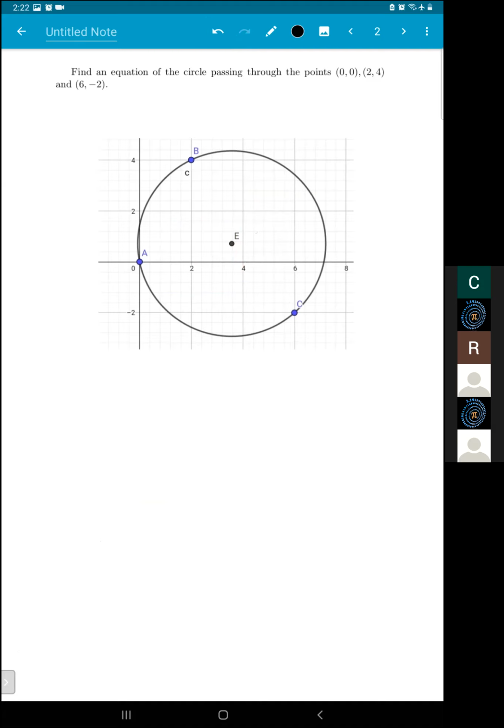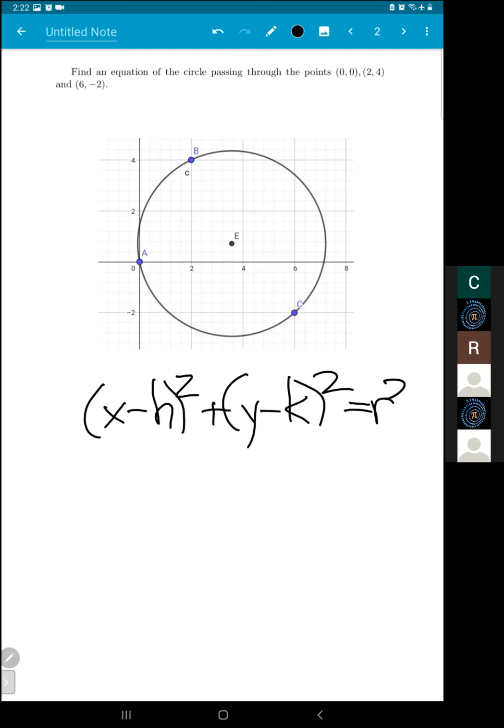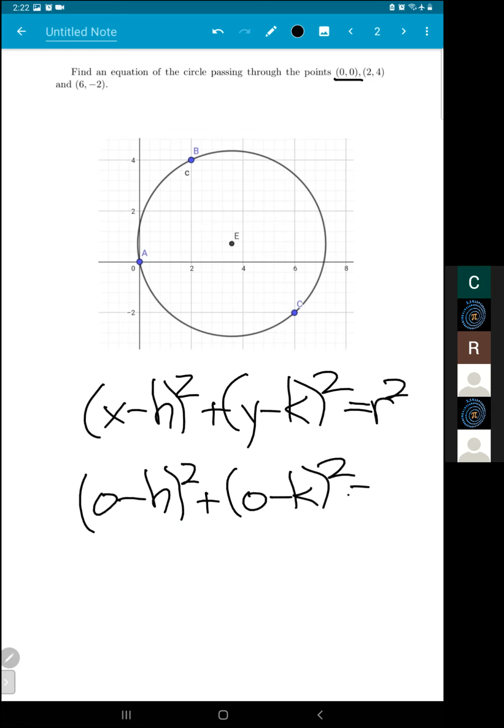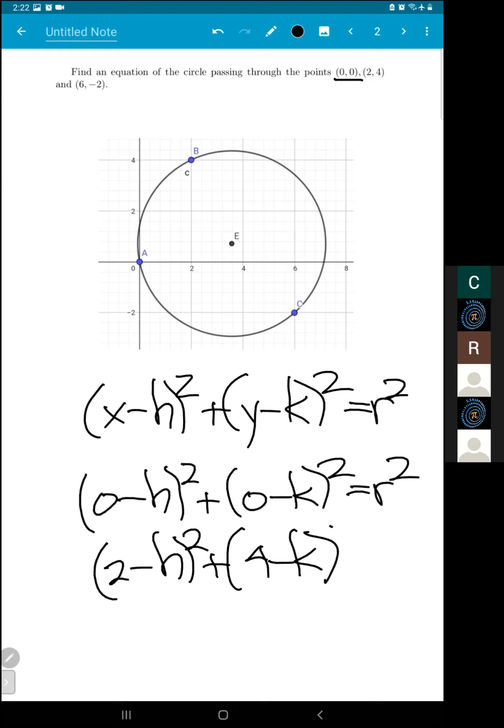So some would approach this by using the center radius form of the circle. And then you would just plug in the 3 points given, 0, 0. Then 2, 4. And then 6, negative 2.